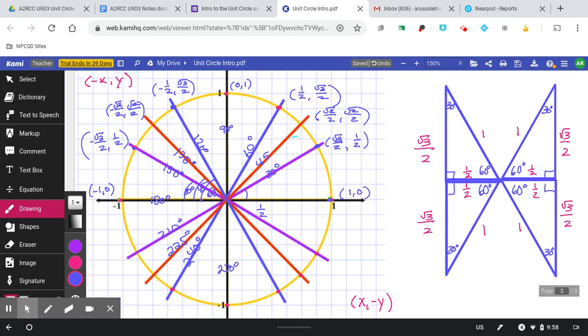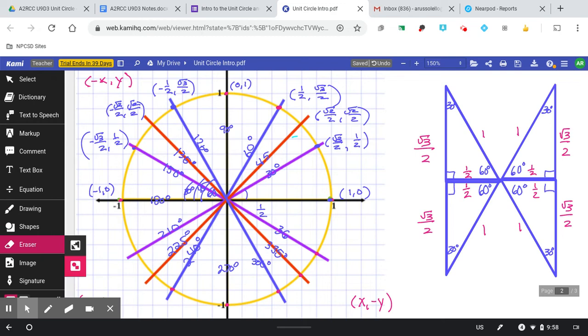And then you keep on going with 300 degrees, and then this is going to be 335 degrees, and this would end up being 360. No, that's silly.